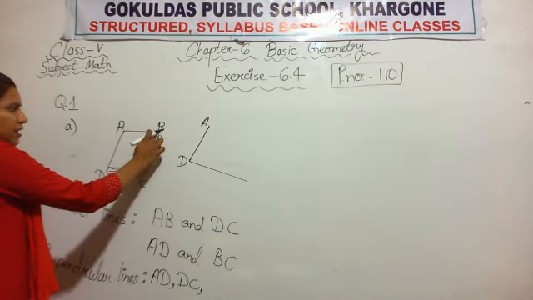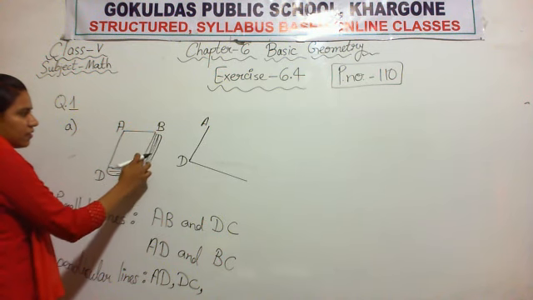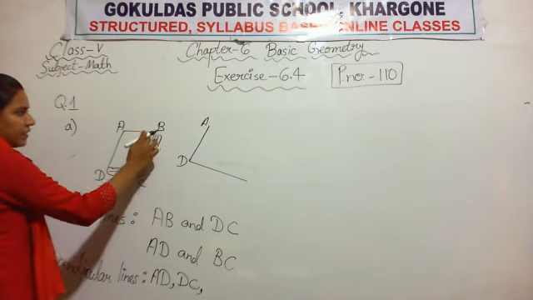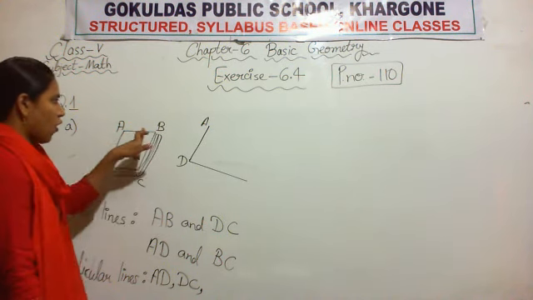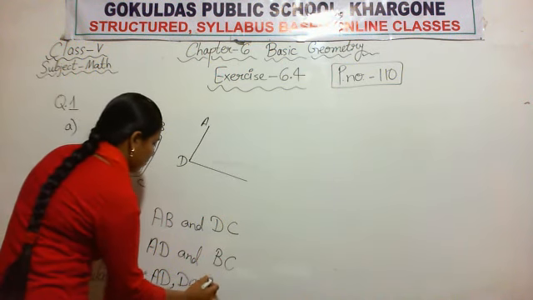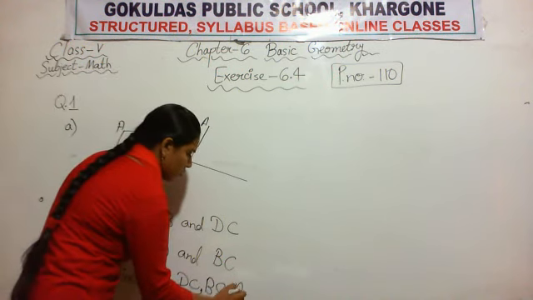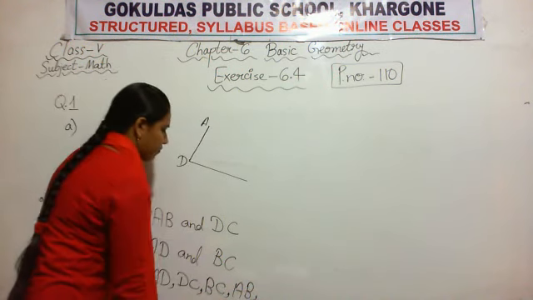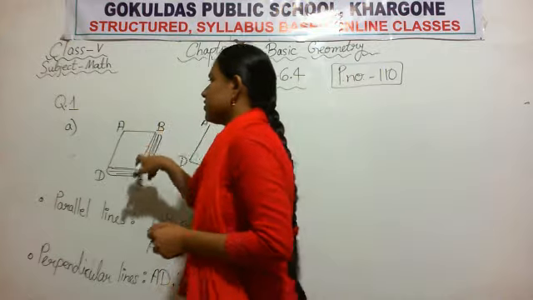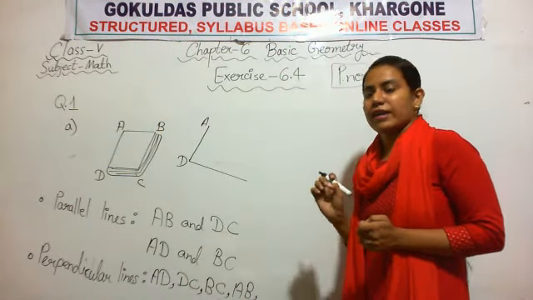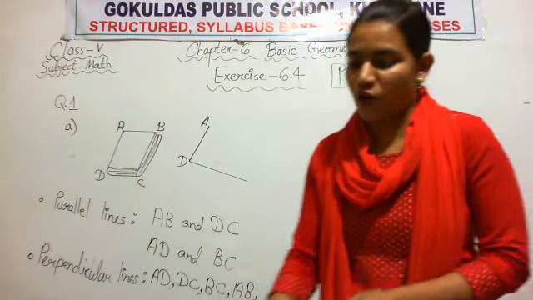Next, line BC is making a 90-degree angle on AB, so BC is also a perpendicular line. Line AB is also perpendicular. Why? Because the shape of the book is rectangular and each angle in a rectangle is of 90 degrees.